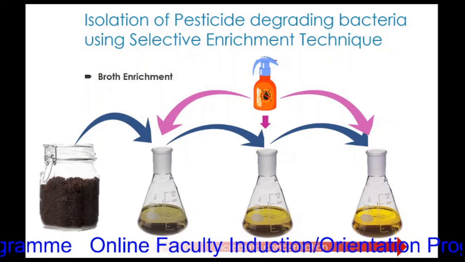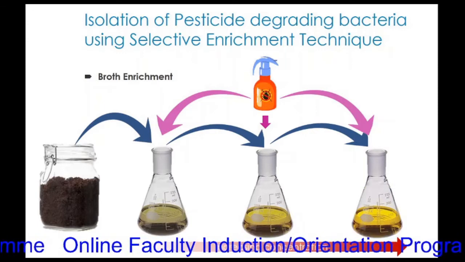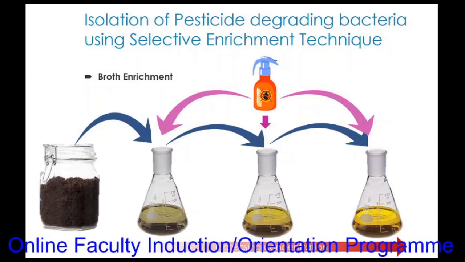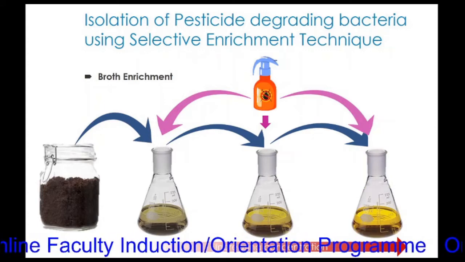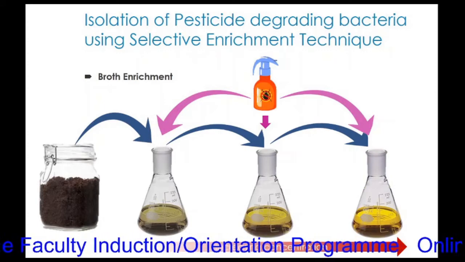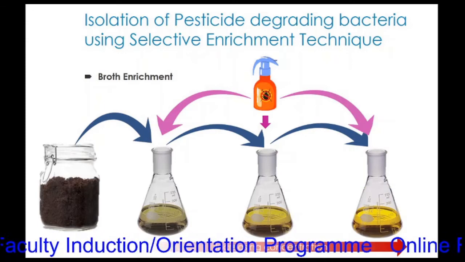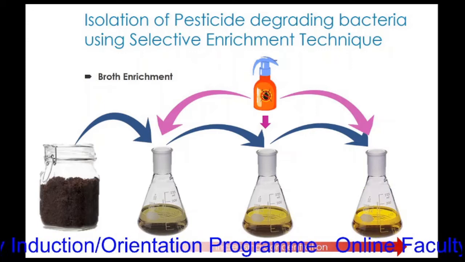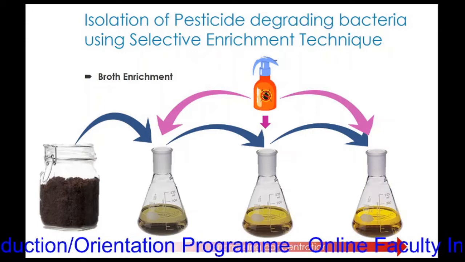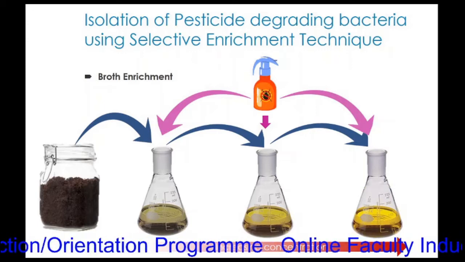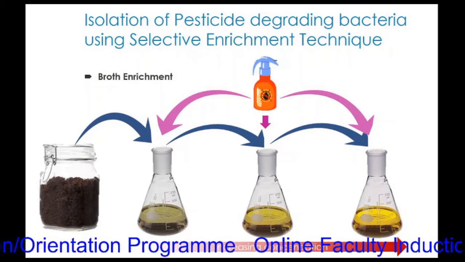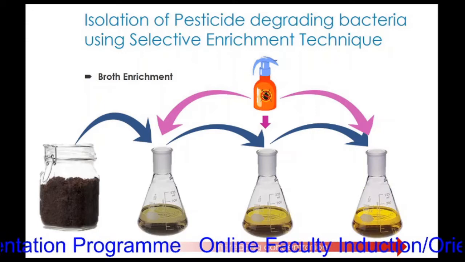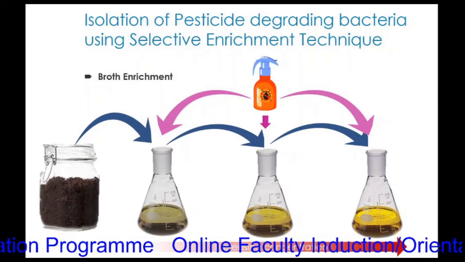Then small amounts of this enriched soil are transferred into a broth media, and the broth media should be a selective media. So the organisms which can utilize the pesticide as the sole source of any macro element, either carbon, nitrogen, sulfur, or phosphorus, will be able to survive in the broth media.